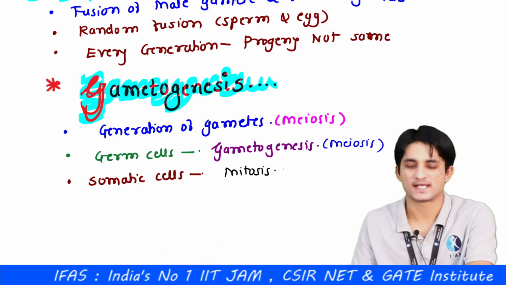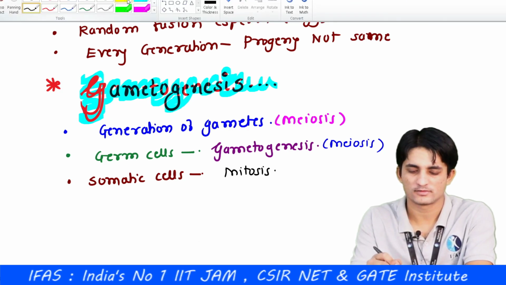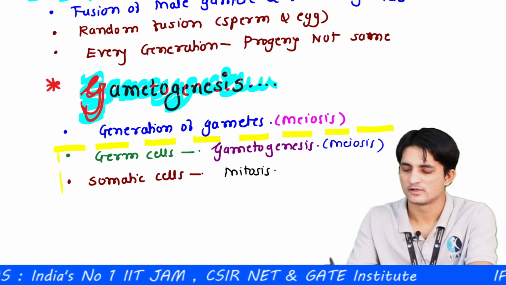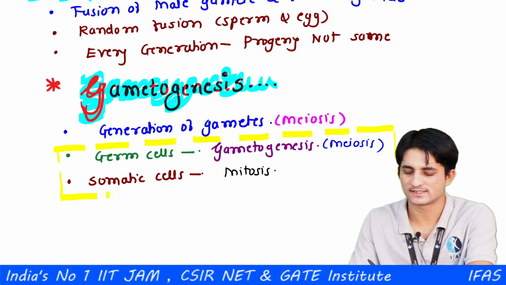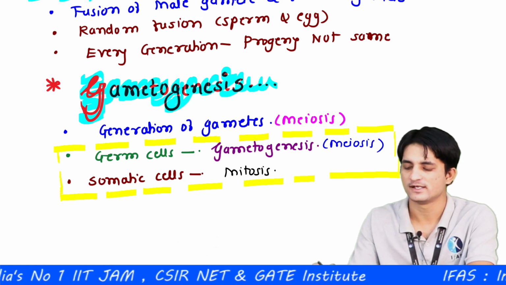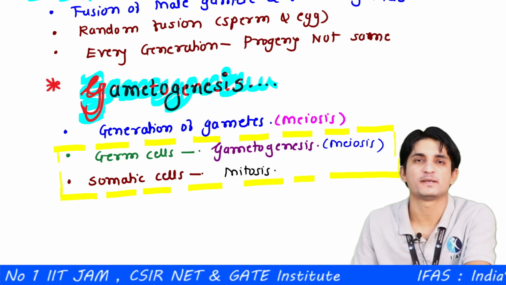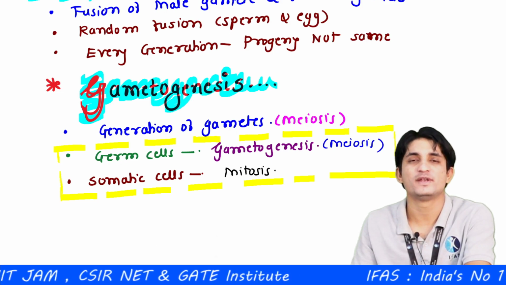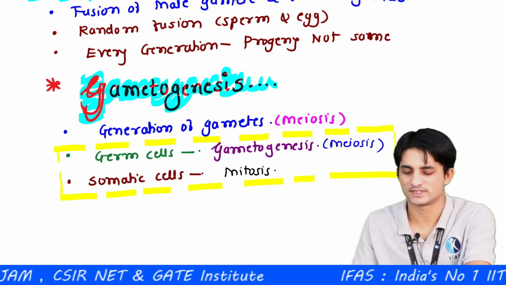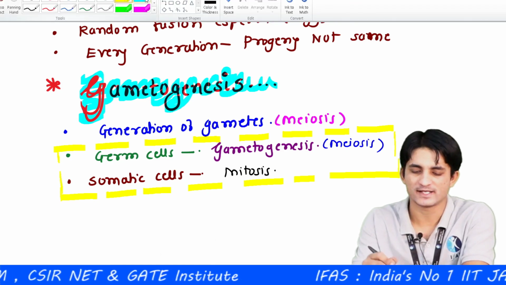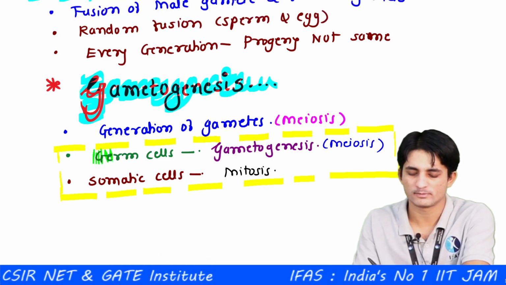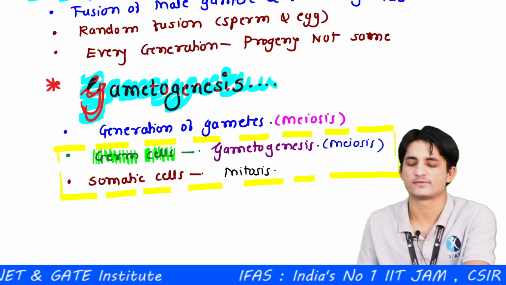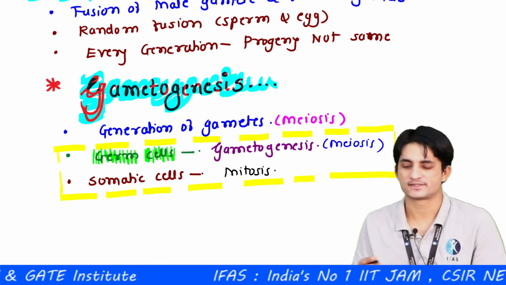So these are the two types of our cells, germ cells and somatic cells. Somatic cells form our somatic structure, that is the three germ layers, ectoderm, endoderm and mesoderm, and they will always do the mitosis process. Only germ cells have the ability to do meiosis. So in gametogenesis the involved cells are the germ cells.